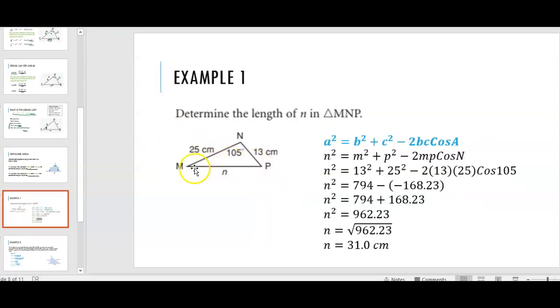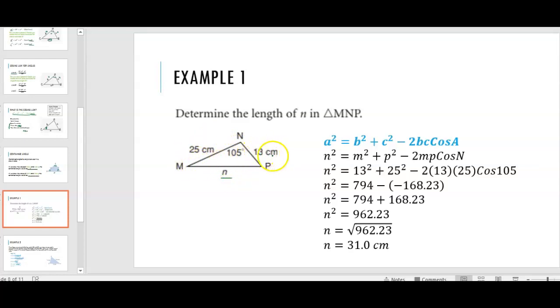Okay, triangle MNP is given, and we are asked to solve for the length of side N. Once you have the length here, you don't have to go back and label the sides, that's why it's important to understand the formula.